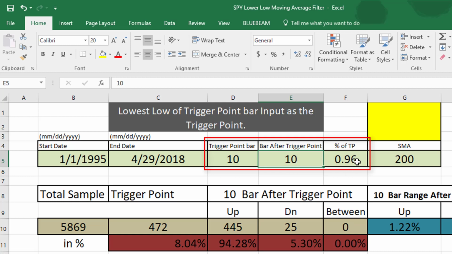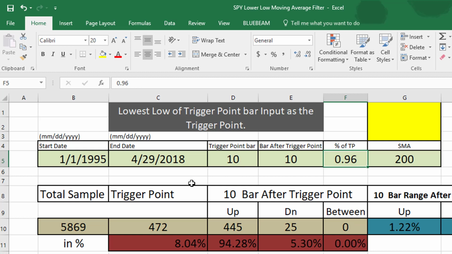And then we're looking at 0.96% of the trigger point, which is what we just looked at in the calculator. So what this information from the past 23 years, this goes all the way up to the first quarter or so of this year, when the SPY, and let me just put this in a sentence format.